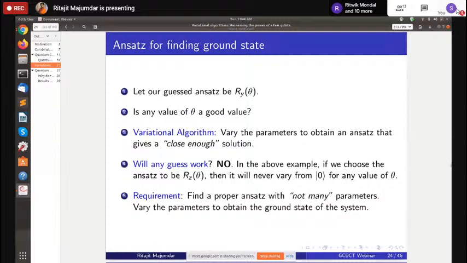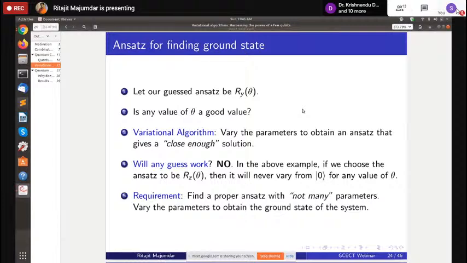So we have two problems that we need to mind. First is, I need to have a proper ansatz. I cannot just randomly guess something. I need to have a proper technique of guessing. And we should not have many parameters. I am talking about ry theta, it is a single parameter. But again, when you go to a large graph or something like that, where n is high, it is possible that you will require many parameters, theta 1, theta 2, say up to theta k.